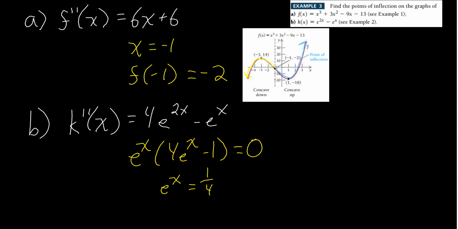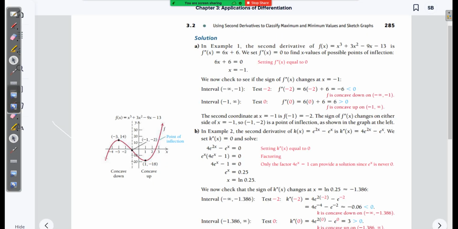And so naturally, we take the natural log of both sides, and we're going to have x is equal to the natural log, and we're going to put a decimal instead of a fraction, 0.25. So at the natural log of 0.25, and that's pretty darn easy. What is natural log of 0.25? Negative 1.38. So at negative 1.38 being my x coordinate, that is where I'll have the inflection point for my second function that we did.